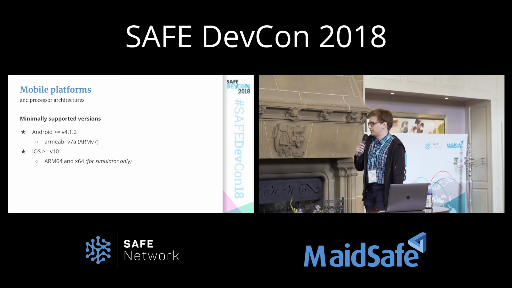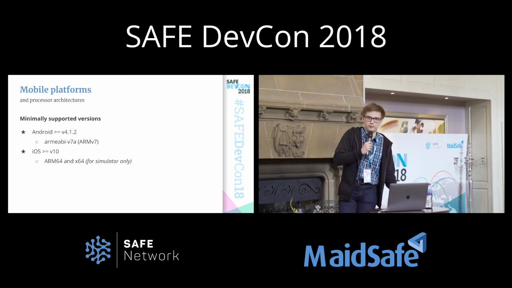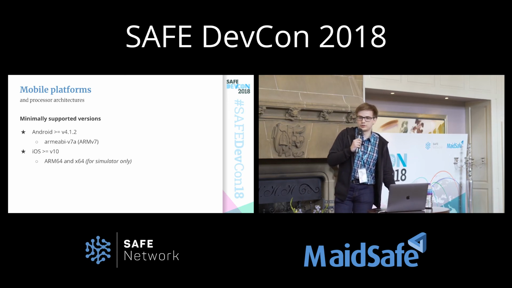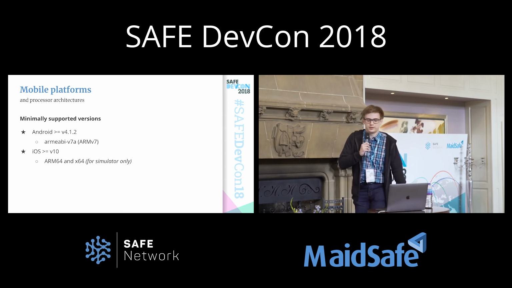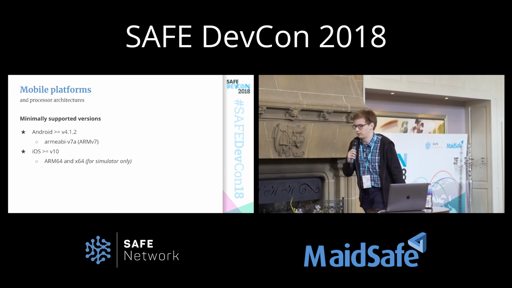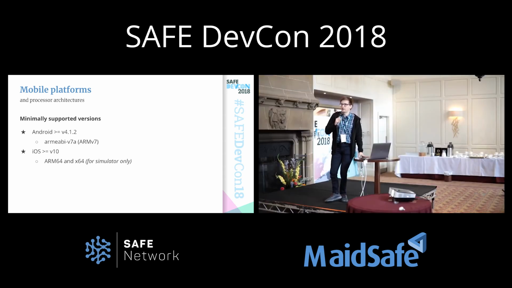And likewise for iOS, we follow the recommended standards by Apple. So we take versions that they support and we support them as well. And that is iOS starting from version 10 or 11, which is currently supported. And we also do different architecture support for Android and iOS.